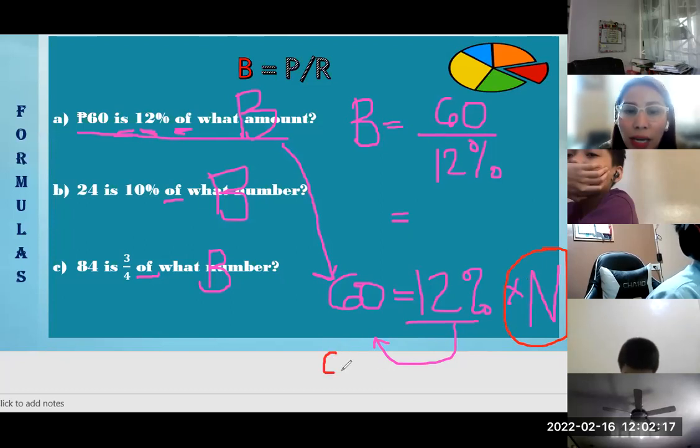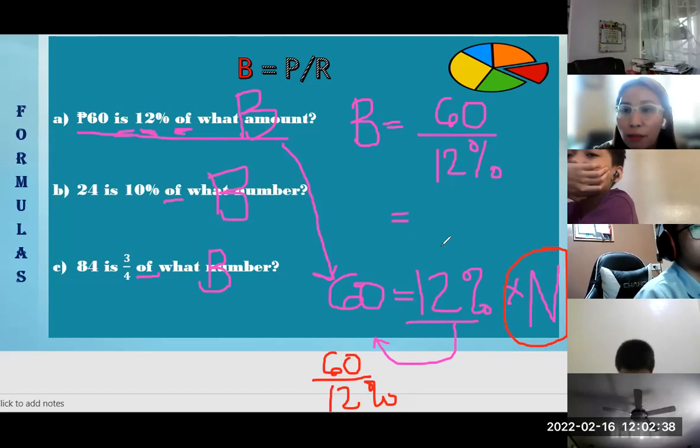So, ganun din siya. Magiging 60 divided by 12% din. And that is how much? Yung ating base, 500, right? 60 divided by 0.12, yeah, 500.